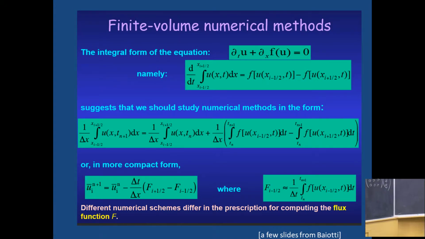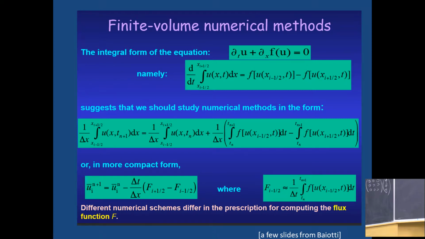So let me just walk you through some more details about this, and then show you some explicit examples. So we're thinking of this equation, but we're going to iterate in time and space, as I alluded to here.